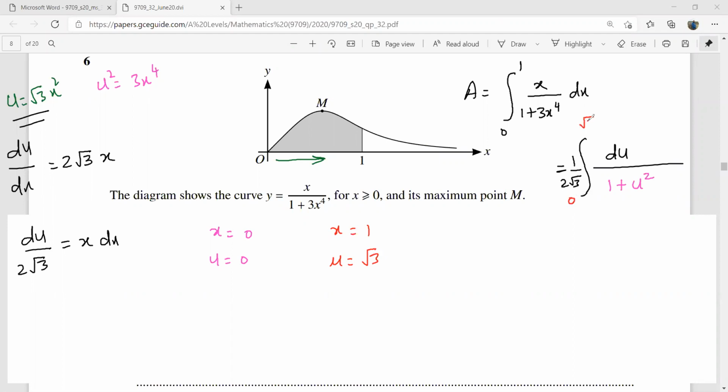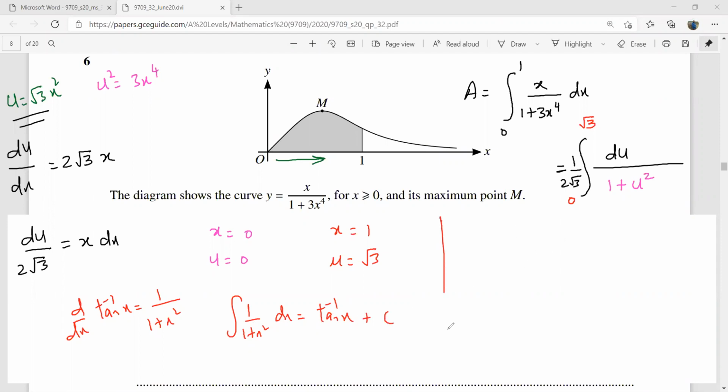Please remember that d by dx of tan inverse of x is 1 over 1 plus x squared. Therefore the integral of 1 over 1 plus x squared would be tan inverse of x plus c.